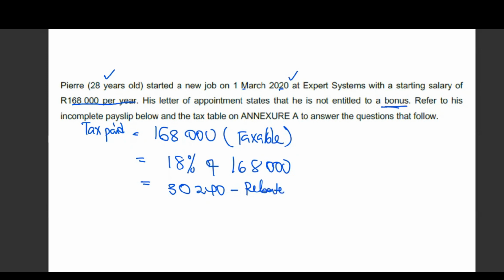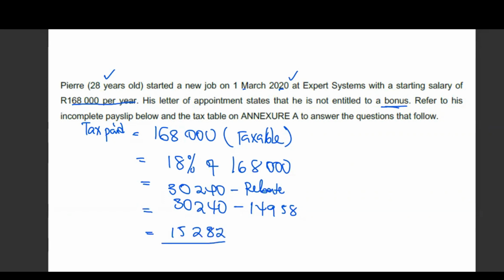the medical aid. All right, we shall subtract 30,240 minus the rebate, which we saw already, which was 14,958. So the person has annual tax paid as 15,282.